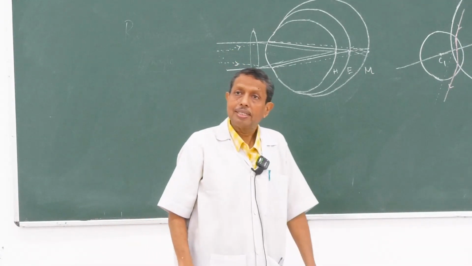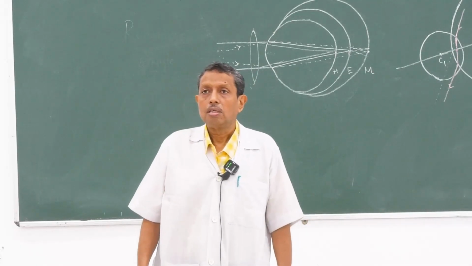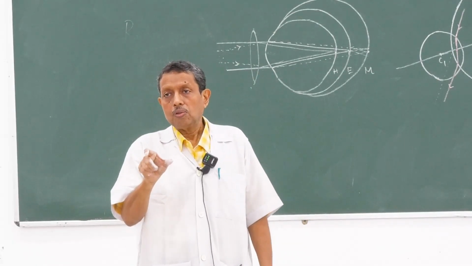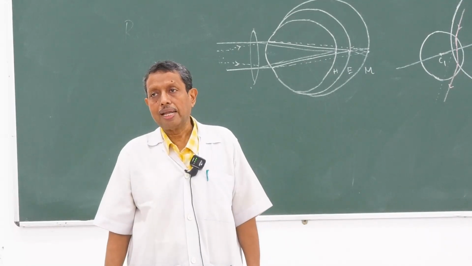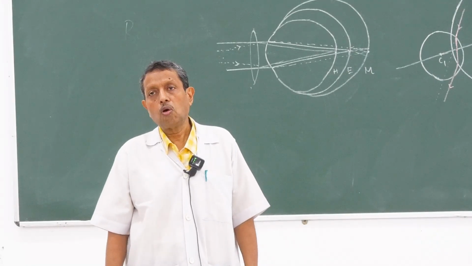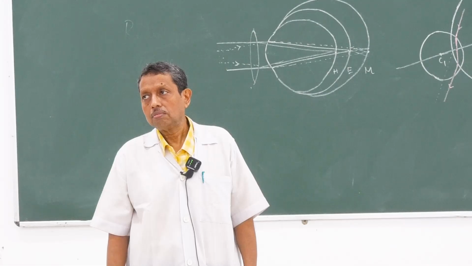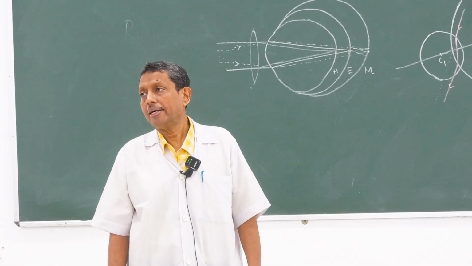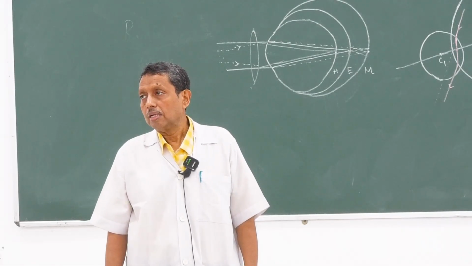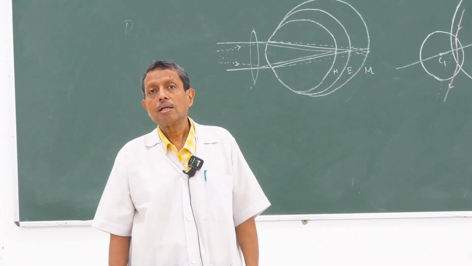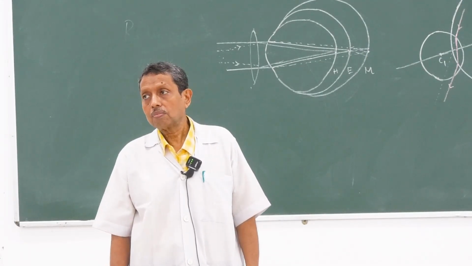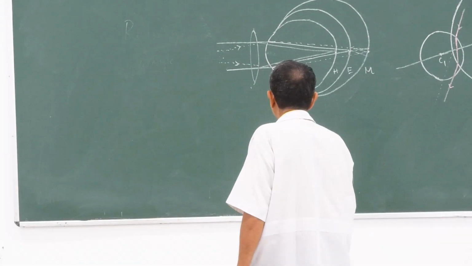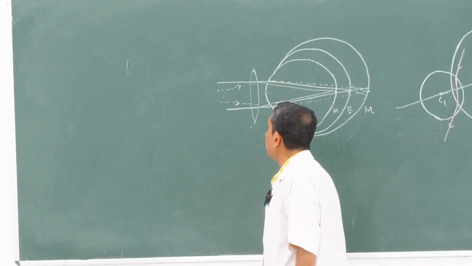So a nearby object can be seen due to the increased length of the globe or eye. This condition is called myopia, and it can be corrected by a biconcave lens that can make the rays diverge.